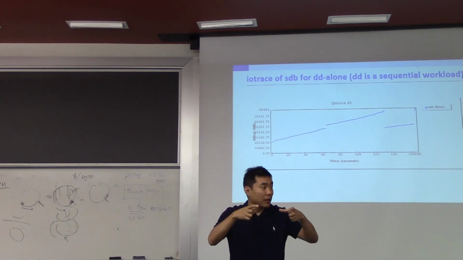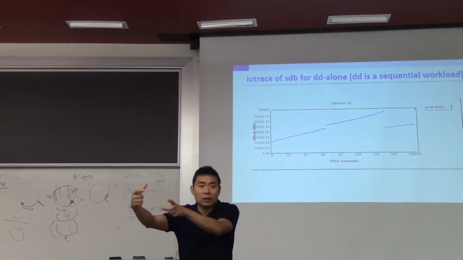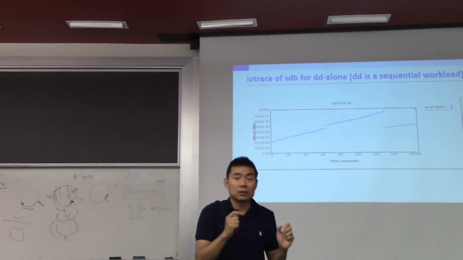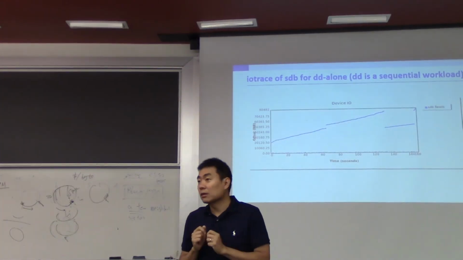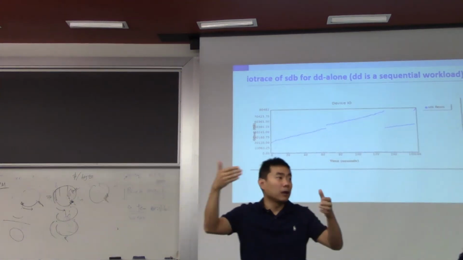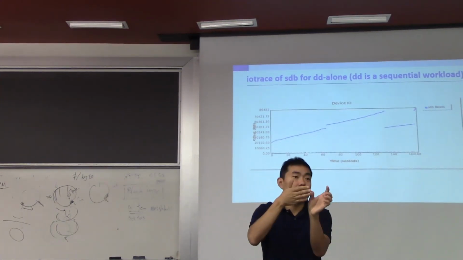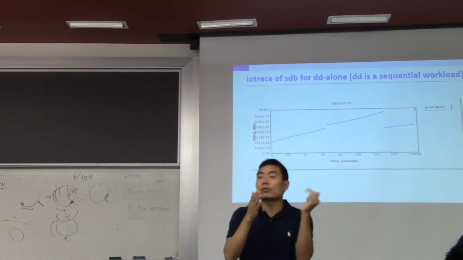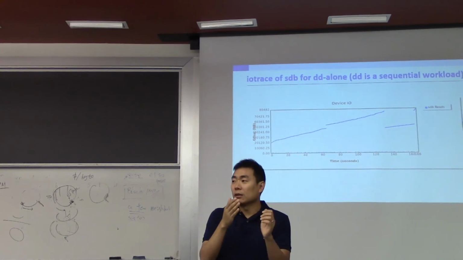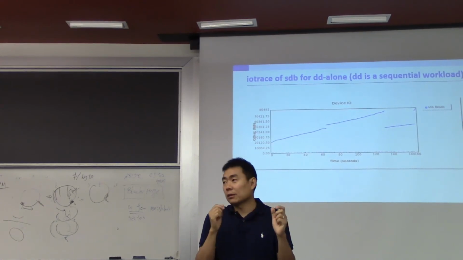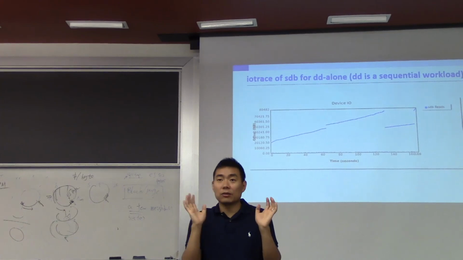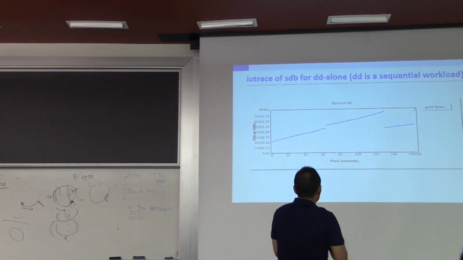So I read the first page, then I read the next page, and the next page, and the next page. So it's sequential access. Imagine I pay a seek time delay, I pay a rotation delay, I read the first page, then I continuously read page after page, and I only read the next page at a time. So that constitutes a sequential workload.